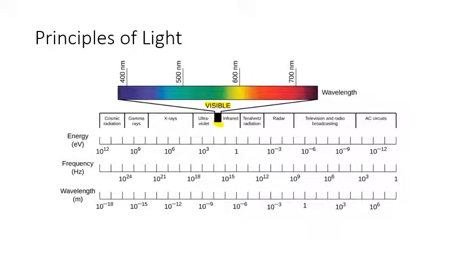Everything to the left or right side of this box is going to be outside of your visible spectrum. So either the wavelengths are going to be much, much smaller or much, much bigger, right? So as we go this way, our wavelengths are getting bigger, so above 700. And if we go this way, our wavelengths are getting shorter, so below 400.